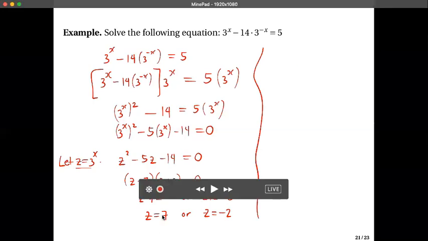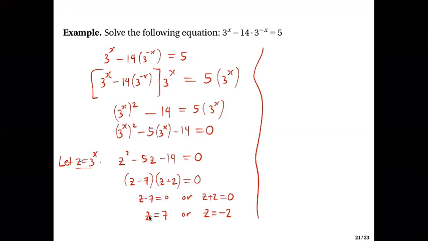We bring back z. We bring back 3 to the x. z equals 3 to the x. So you will have 3 to the x equals 7, or for the other guy, you have 3 to the x equals minus 2. But take note of this.